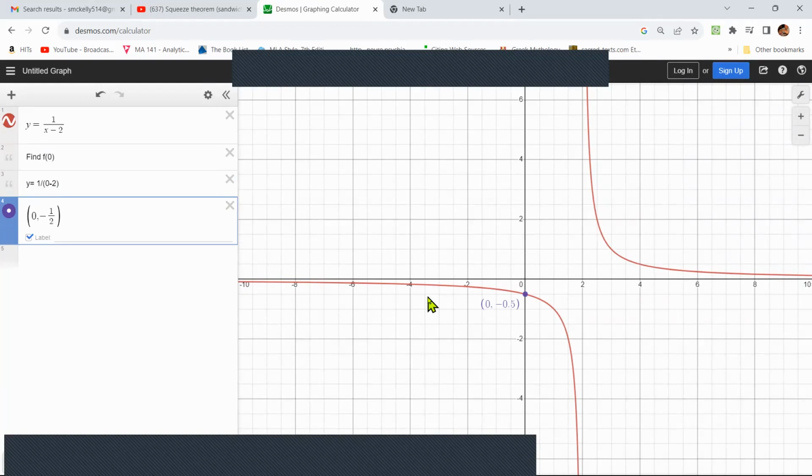Now, f of 0 is negative 1/2, right? What is the limit as x approaches 0? From which side? Just both sides? Yeah, exactly. If I don't specify, it means both. So if I'm approaching from the left, I'm going to be on this branch and my y value is negative 1/2.